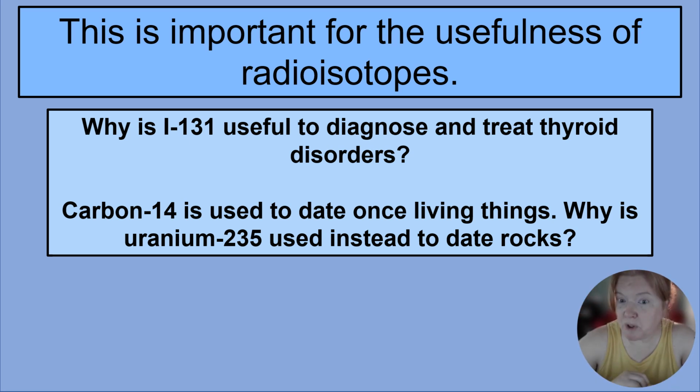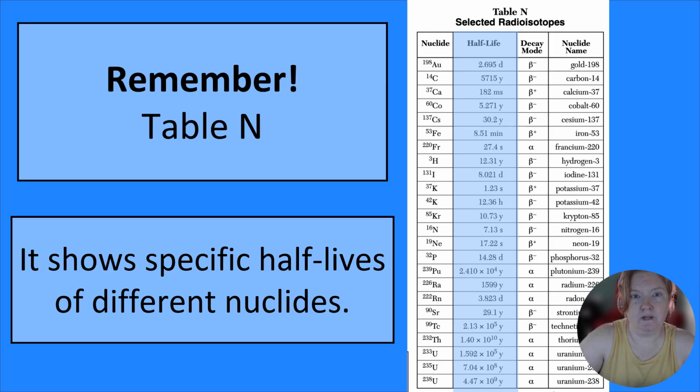But I wouldn't want to use that in a person. Why? Because the whole time the person is alive, it has not even reached one half-life yet. So it would be more dangerous. I would be exposed to more radiation. So remember table N, it shows specific half-lives of different nuclides, okay?